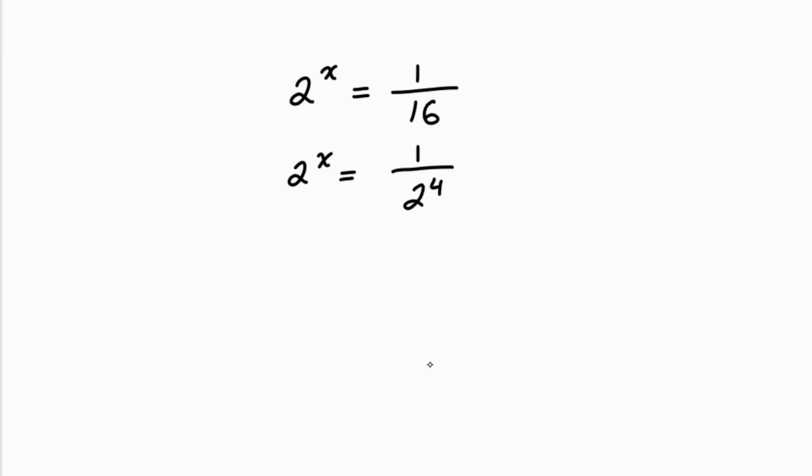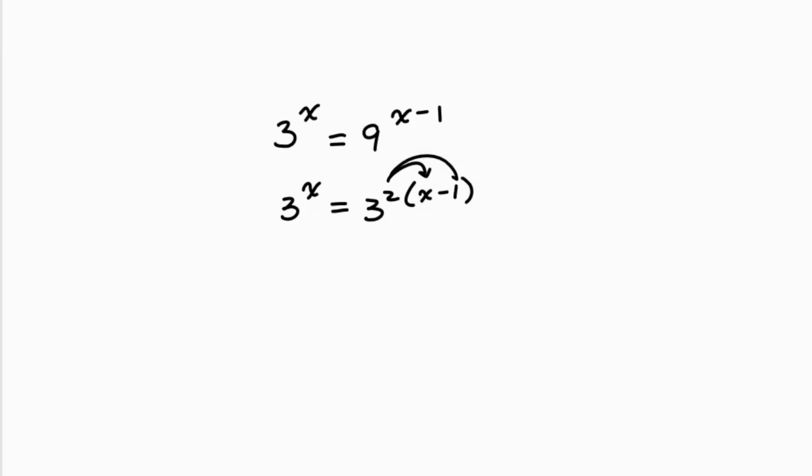And since I have the reciprocal, it means that originally the exponent 4 was negative 4. So I can write it as 2 to the x equals 2 to the power of negative 4. And then from here, x equals negative 4.